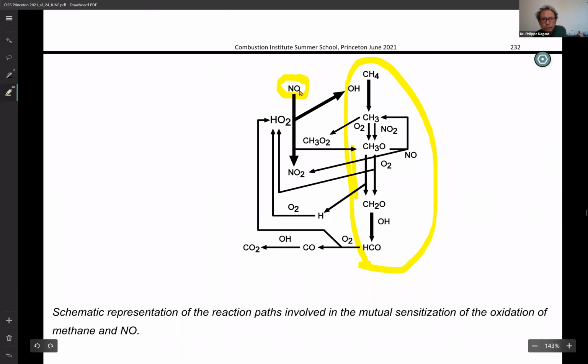Also, the reaction of NO with CH3O2, which is formed by addition of O2 to the methyl radical, will produce CH3O. And CH3O can react with NO to reform CH3 and produce NO2.